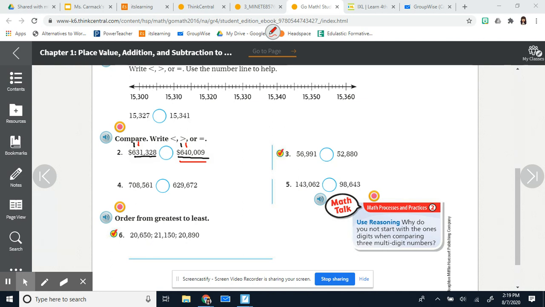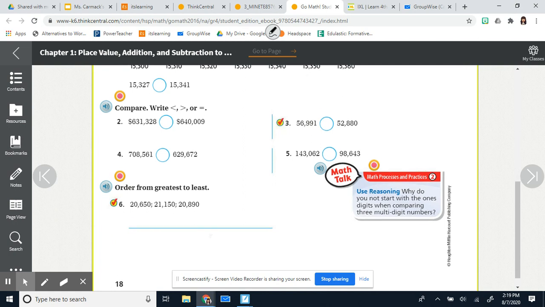So that's already telling me that $640,009 is bigger. So obviously you want to pick the largest amount. At least when it comes to money, you want to pick the bigger amount. Always go for more money. Okay.